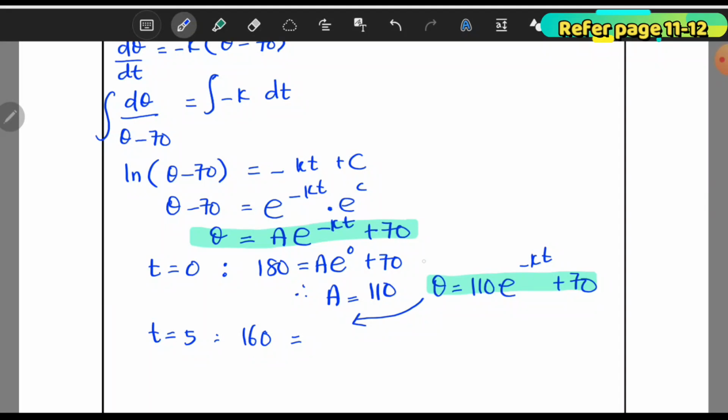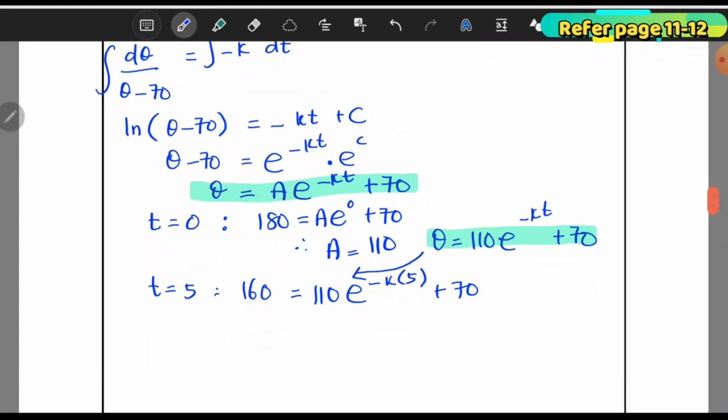We will use the latest equation. So 160 equal to 110 exponent negative k times 5 plus 70. Then we try to simplify. So we have 90 equal to 110 exponent negative 5k, and exponent negative 5k equal to 9 over 11.